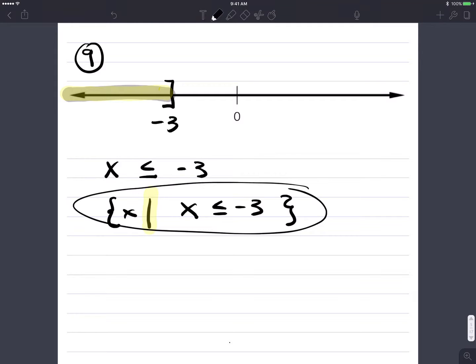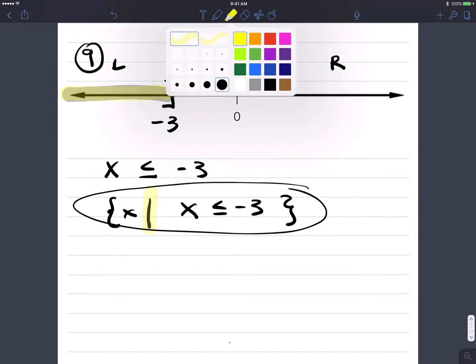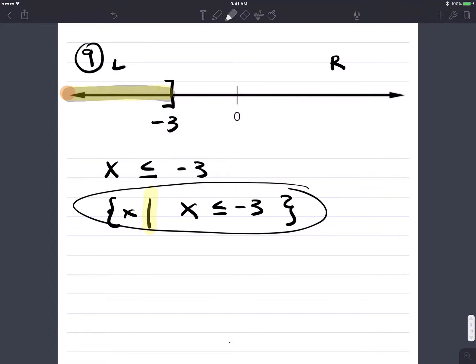Interval notation starts by describing the shaded region from left to right. All the way to the left, we have a shaded region, so we're going to start here by describing this as -infinity. And as we move to the right, we stop at -3 in terms of our shading.